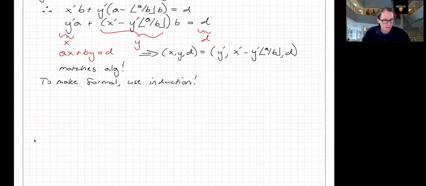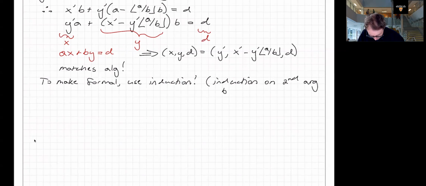And in particular, induction on the second argument, B. And so in this, you get that the base case is B equals 0.